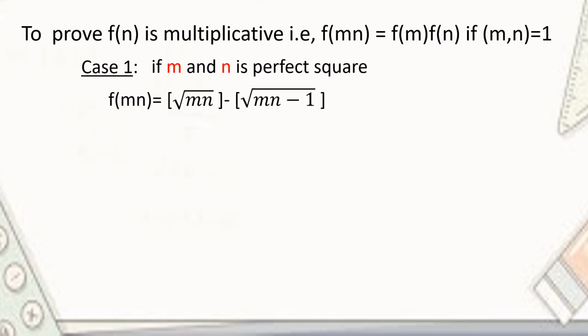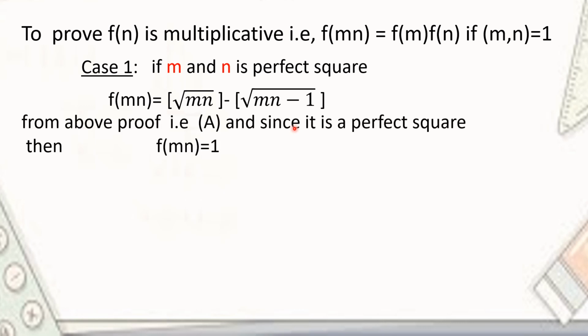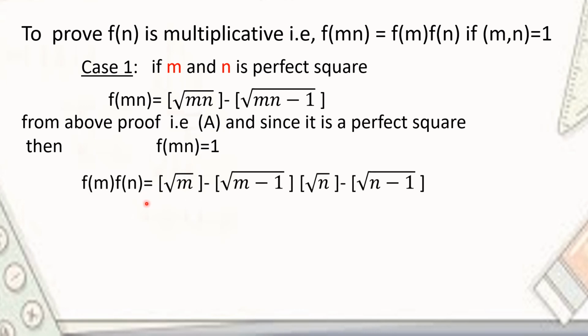So let us define the function. f of mn is equal to the integer part of root of mn minus the integer part of root of mn minus 1. We have already proved the condition and named it as A. Since mn is a perfect square, we can conclude that f of mn is equal to 1. Now we will see f of m into f of n.